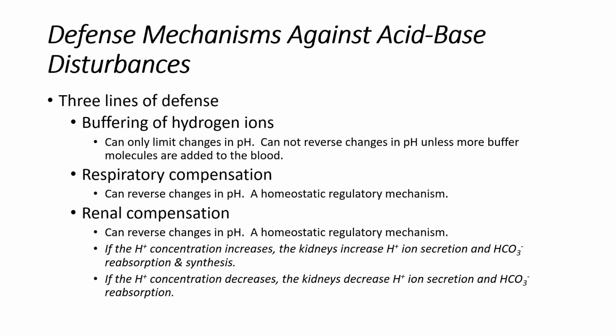Here we're going to speak about how the body has three mechanisms to defend us against these acid-base disturbances, three lines of defense. The first one is the buffering of those hydrogen ions. I talked about a buffer earlier on, and I said that a buffer is anything that resists or limits any change in pH.